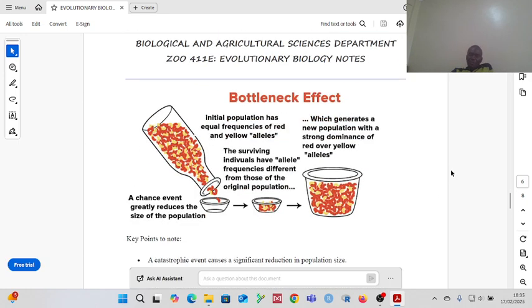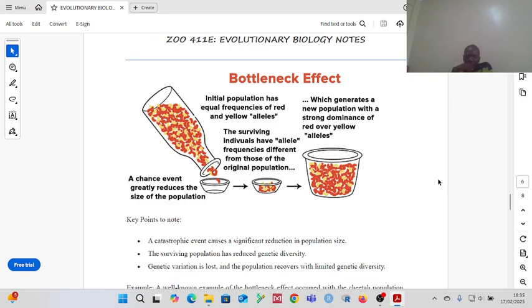When you look at the photo on page 6 of the bottleneck effect, it is a chance event which greatly reduces the size of a population. Think of a fire, think of an earthquake, think of war, anything that leads to a reduction in the population size. So the initial population before the incident had, in this case, a mix of both red and yellow alleles.